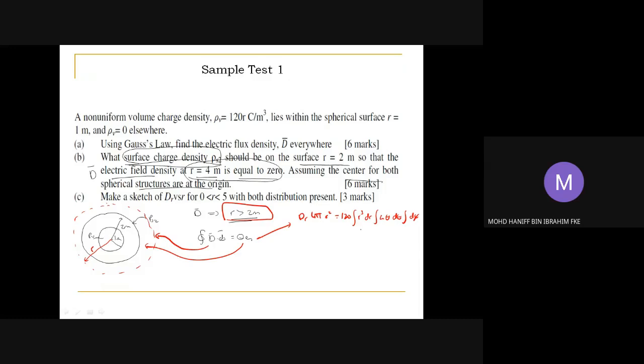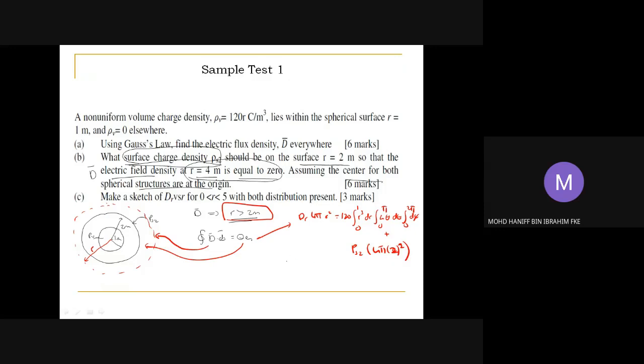Similar to what we have done before, so you can do it on your own, from 0 to 2 pi, plus, due to the surface charge, rho S2 multiplied by 4 pi r squared, which is at 2 meter. That should be your enclosed charge. It consists of two charges: the volume charge given in the first term, and the surface charge given in the second term. That is the enclosed charge by the Gaussian.